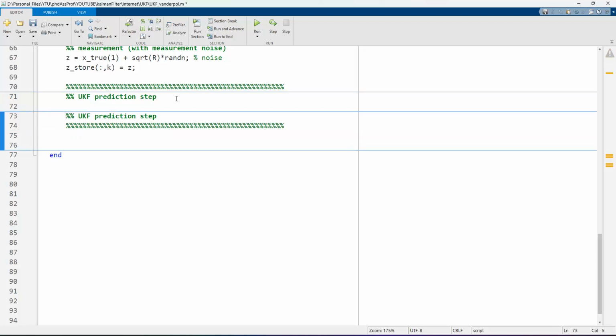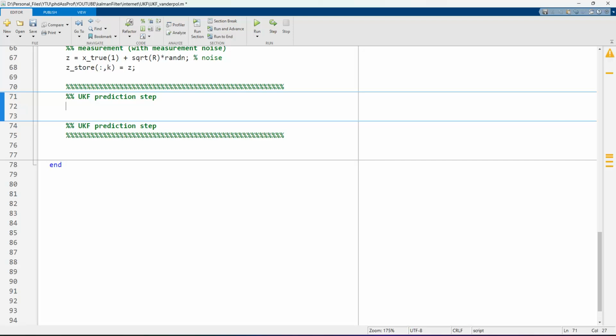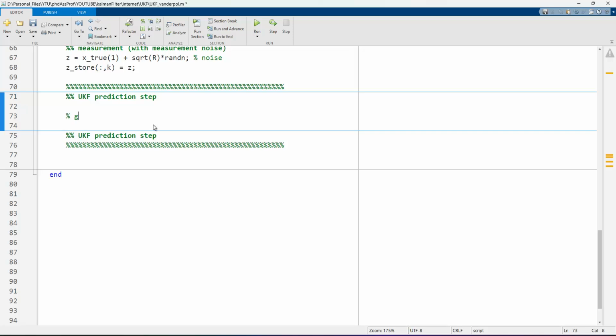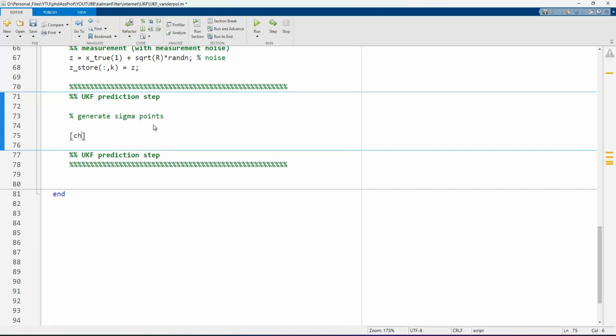These are the basic UKF implementation of this code. First of all, we need to generate sigma points. And so the sigma points are a function of these terms: the estimation value x hat k minus 1, the covariance matrix p, lambda and n should be given in here, just like this one.